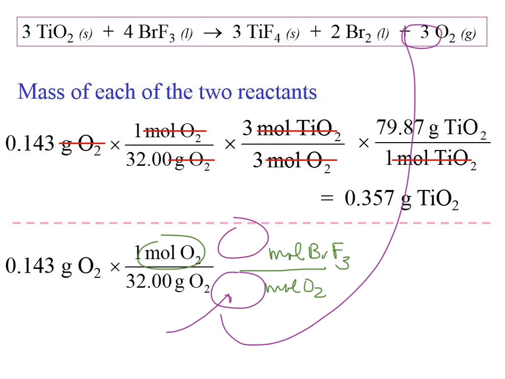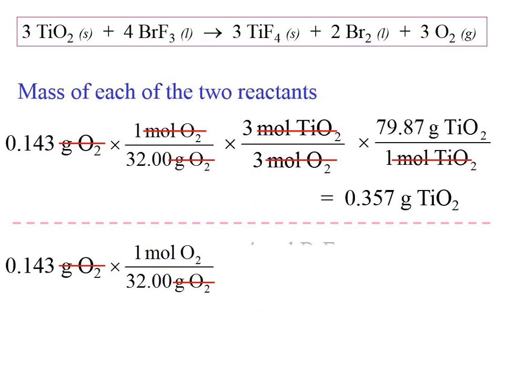So putting it that way, our moles of O2 cancel. We're left with moles of BrF3. And then we did this in the previous unit. To get from moles to grams, I used the molar mass. So on the previous slide, we're going to use the unflipped version of the molar mass, and it must look like this: 136.90 grams of BrF3 per mole of BrF3.